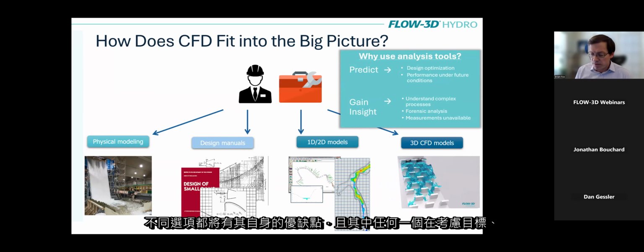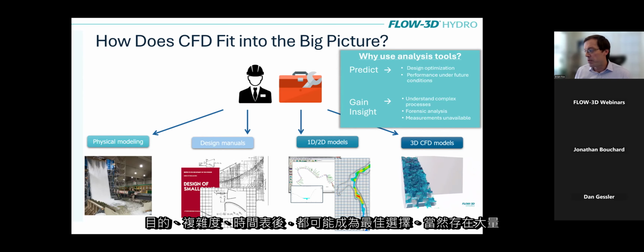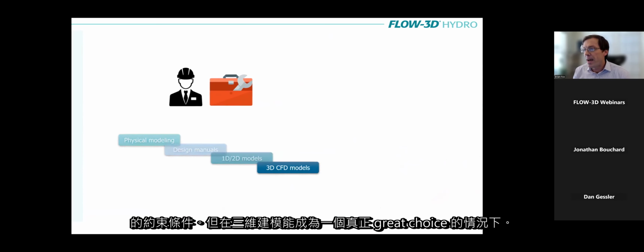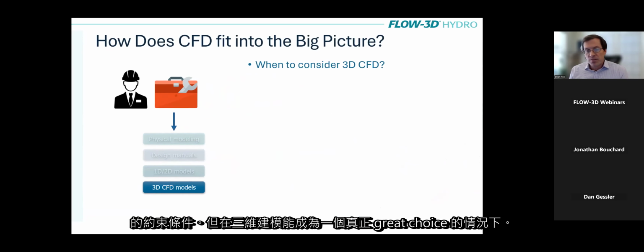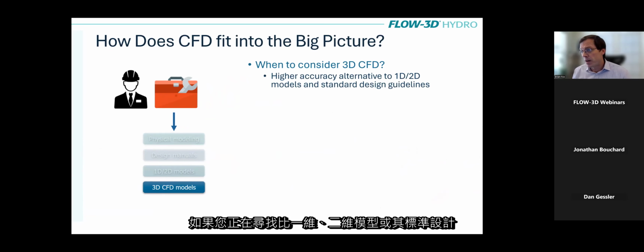And so all of these different options are going to have their own pros and cons, and any one of these might be the best choice given goals and objectives, the complexity, timelines. Certainly there's a large number of constraints out there. But there are situations where 3D modeling can be a really great choice.